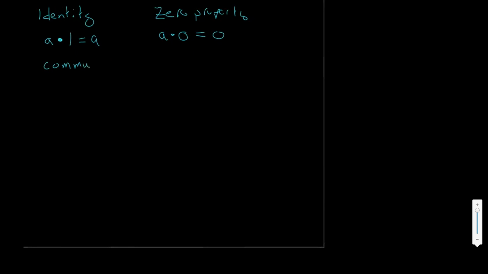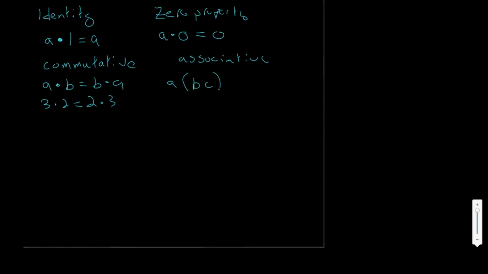And multiplication also commutes, it's commutative. So it doesn't matter the order I multiply in. Right? 3 times 2 is still equal to 2 times 3. It's also associative. I have a chain of things I'm multiplying together, and it doesn't matter which ones I multiply first.